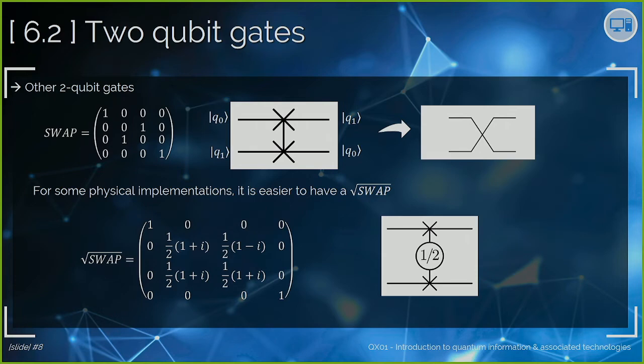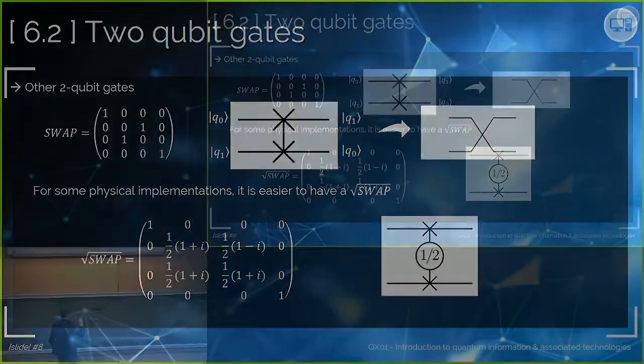Okay, so we're going to start with the same idea. Let's remove everything. We start from a 4-vector column with coefficients A, B, C, D, and we have 2 entries, Q0 and Q1.